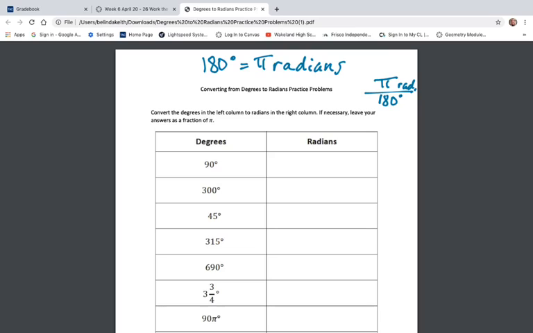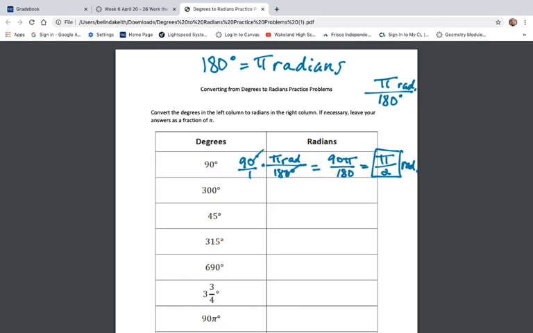So for example, this 90 degrees right here, you can take 90 degrees and multiply it times pi radians over 180 degrees. That way your degrees cancel out. Technically this is 90 over 1, so that will become 90 pi over 180, which simplifies to be pi over 2. So pi over 2 radians is the same thing as 90 degrees.